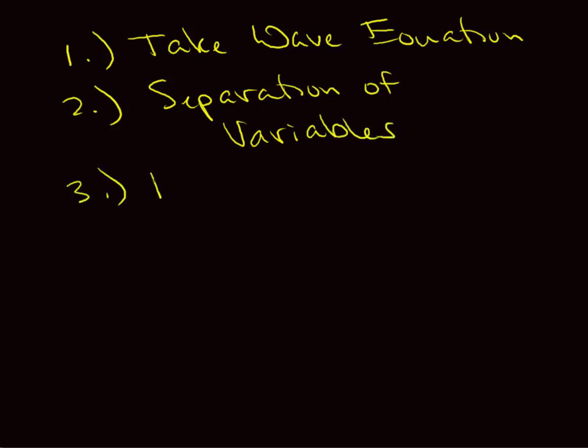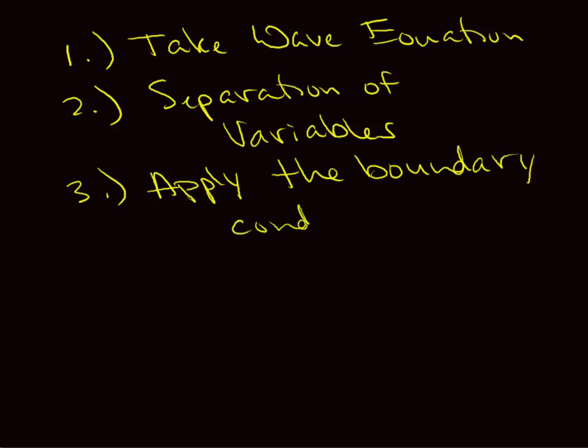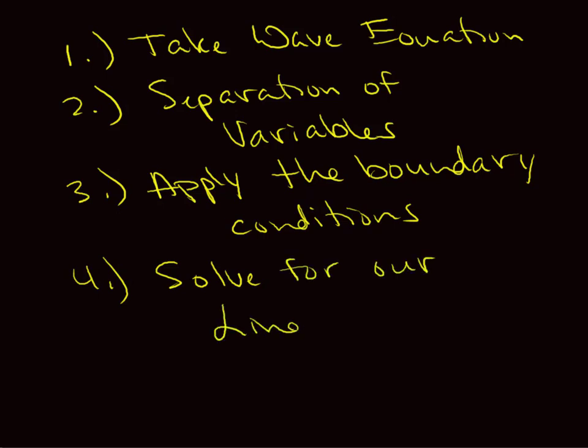Step 3 is we're going to apply the boundary conditions. And 4, we are going to solve our linear differential equation. And so let's go through these steps one by one and see where this leads us.